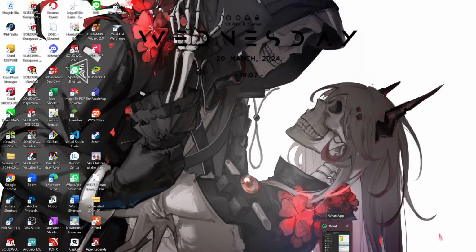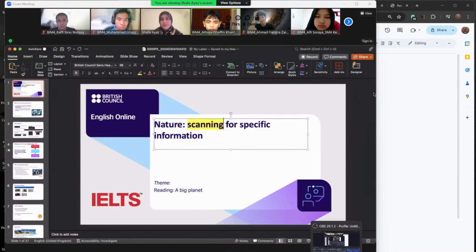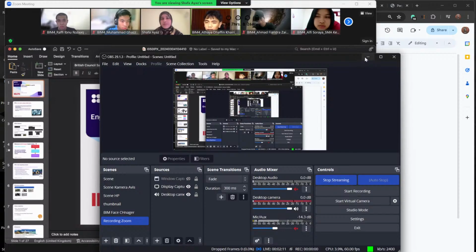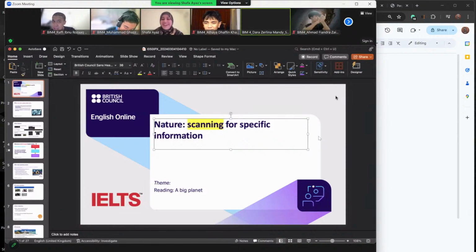But what is scanning? What do you think scanning is? Looking for specific information. And how do you do that? By reading it. Reading rapidly. Yes, obviously. You read quickly.